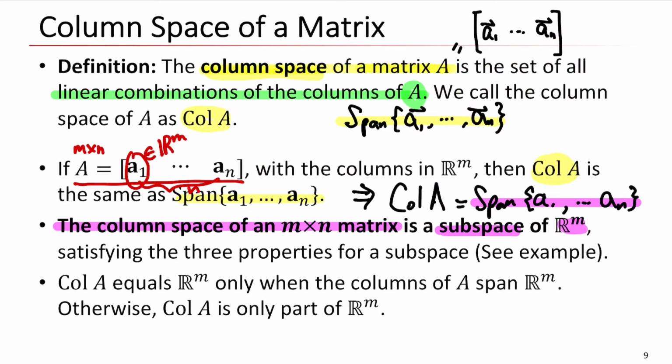So we know that the column space is also a subspace. Then there's another statement. The column space of A is equal to Rm when the columns of A span Rm. So what does it mean?